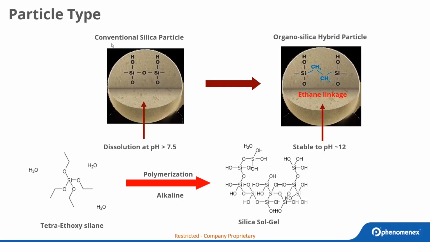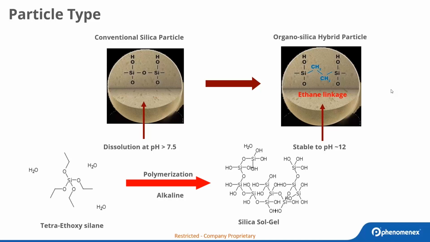So if you go above that pH, then you begin to dissolve these silicas, and it's the siloxane bridge that begins to break down. So to combat that and provide another option as a different particle type, there are hybrid particles that have been invented, right?